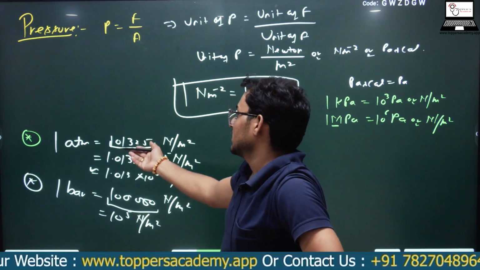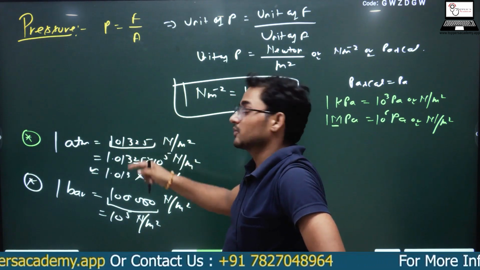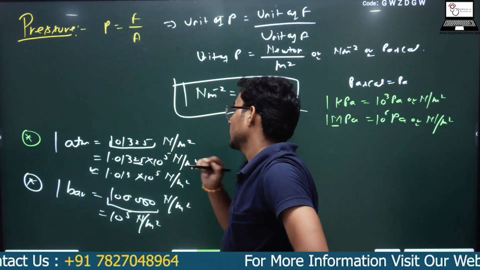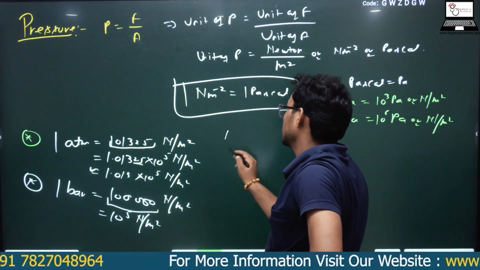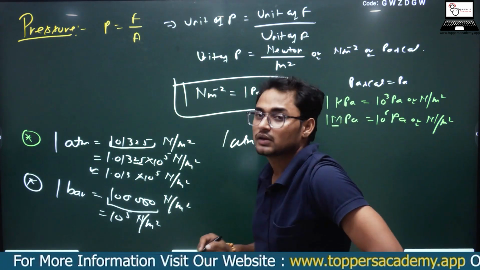So obviously one atm pressure is higher as compared to one bar pressure. It is higher by 1,325 Newton per meter square or Pascal. That means one atm is higher than one bar. They are not equal, right?